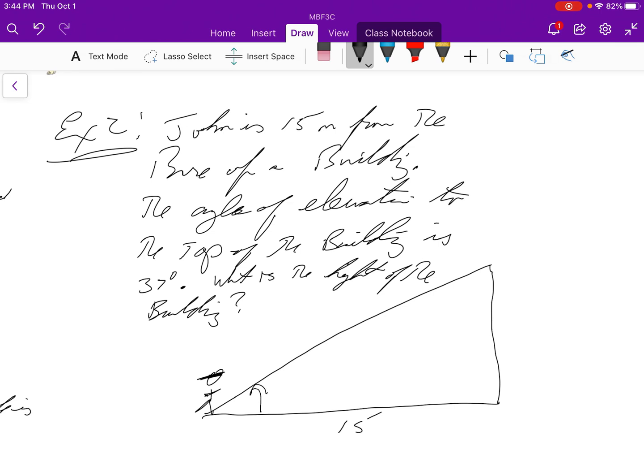And the angle of elevation, remember, is from the horizontal. Remember, this is horizontal up. And so this is the 37 degrees there. All right. Again, we're talking about the ground to a building, so it is a 90-degree angle always. We assume that unless otherwise stated.